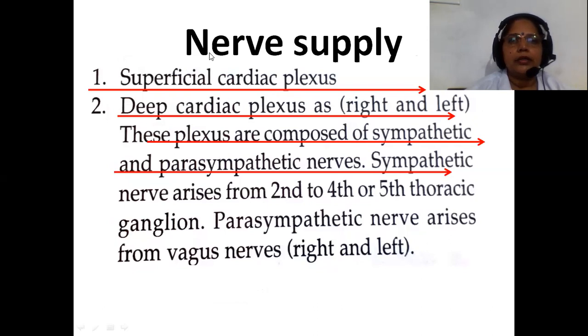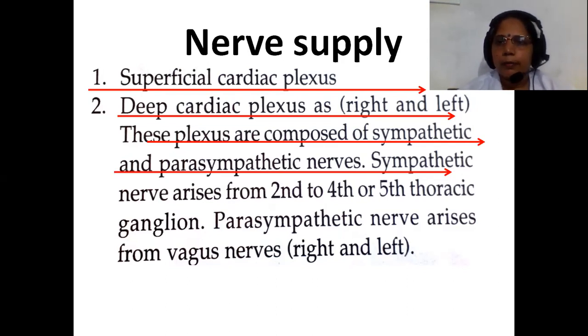The heart, it is supplied by two nerve supplies: superior cardiac plexus and deep cardiac plexus, as the right and left. These plexuses are composed of sympathetic and parasympathetic nerves. Sympathetic nerves arise from the second to fourth or fifth thoracic ganglion, and the parasympathetic nerve arises from the vagus nerve, that is right and the left.